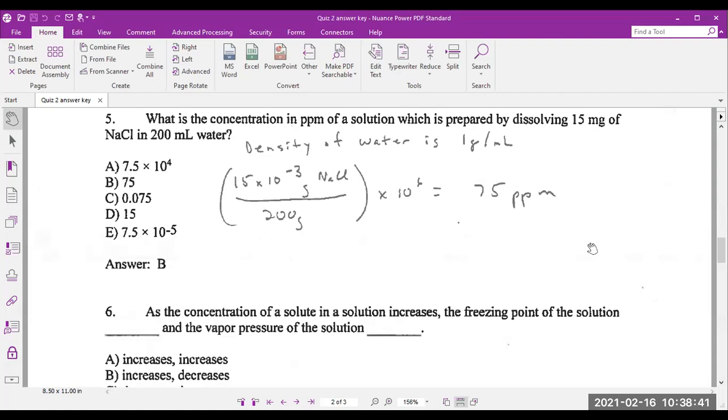Essentially you have 200 grams as your mass of the solution. So we have mass of the analyte divided by mass of solution. Because it's parts per million, we multiply by 10 to the sixth. If it would have been weight percent, it would have been 100. If it would have been ppb, it would have been 10 to the 9th. We do that calculation and we get 75 ppm.